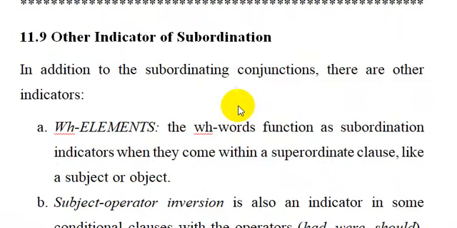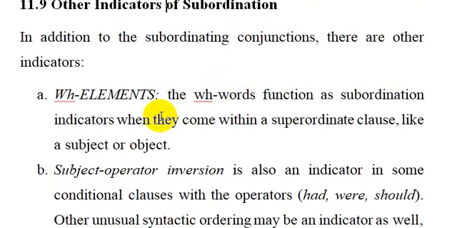Now, other indicators of subordination. In addition to the subordinating conjunctions, there are other indicators. Okay? In addition to all the indicators that we have been dealing with along these two lengthy lectures, now there are others.